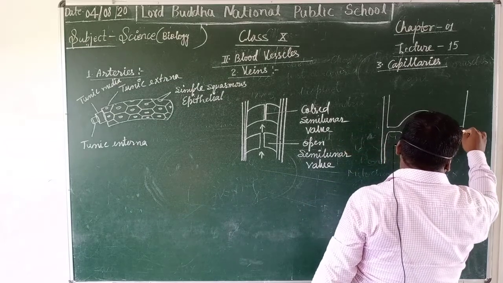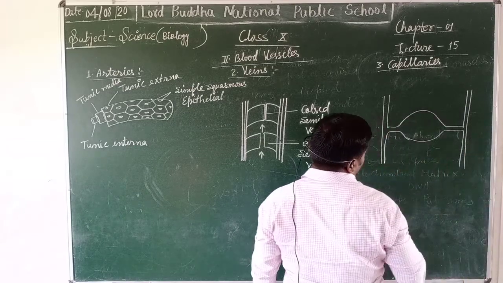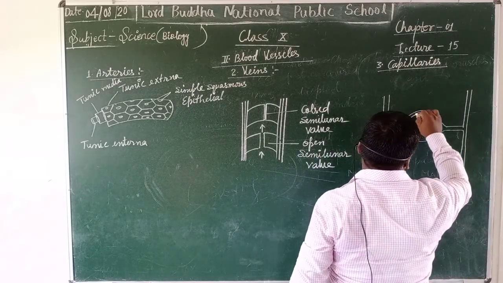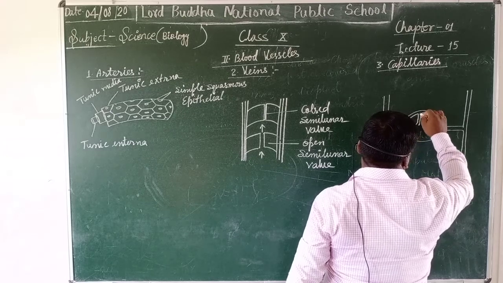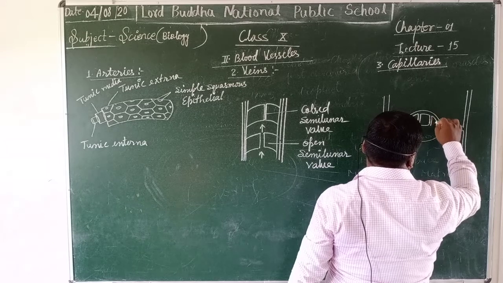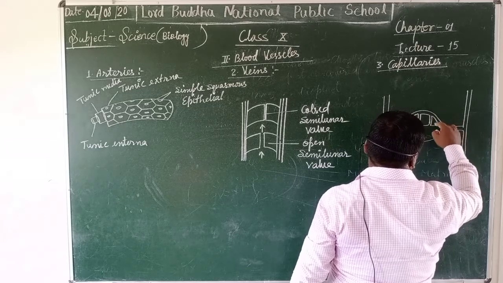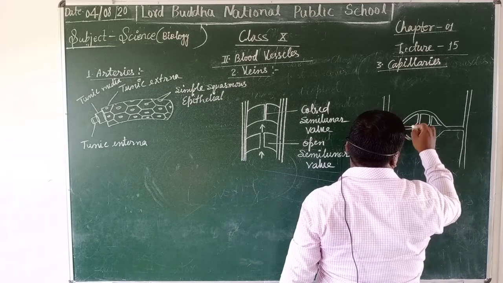The capillaries are the thinnest-walled blood vessels, which are mainly formed by the branching of the arteries and veins.